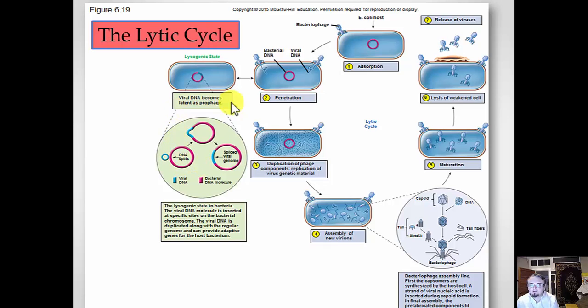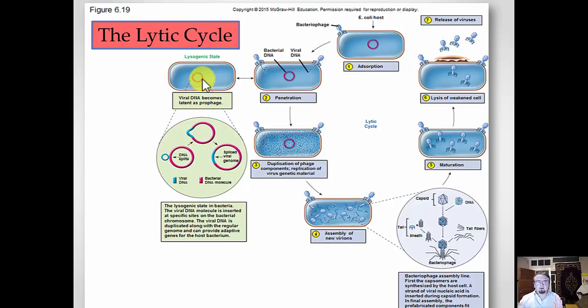Now this can be a dormancy of variable time periods. Sometimes it can be a short period of time, sometimes it can actually be indefinitely. It can be anywhere from a matter of hours to never actually leaving that stage.